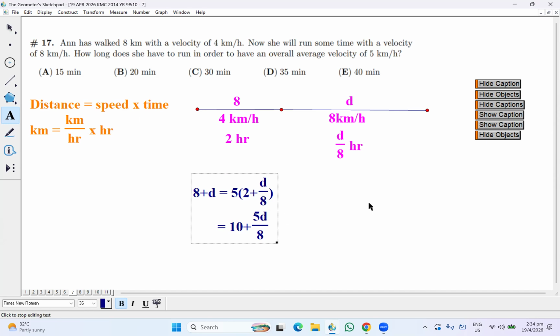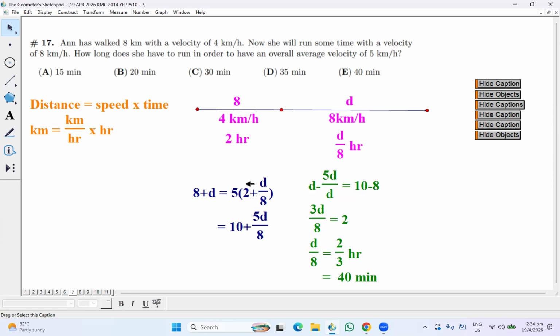Then 5 over 8, I must have D minus 5 over 8. 10 minus 8. Oh, there I typed 12, but here it's 10. Okay. So 2, 3 over 8, D over 8 is 2/3 hour. That's what they want. How long does she have to run?